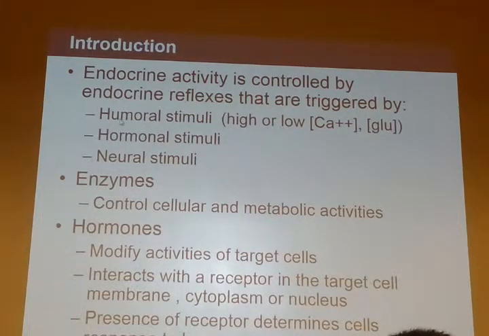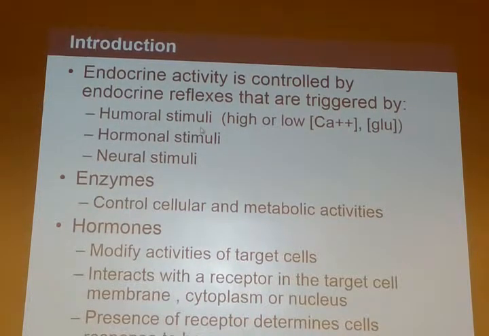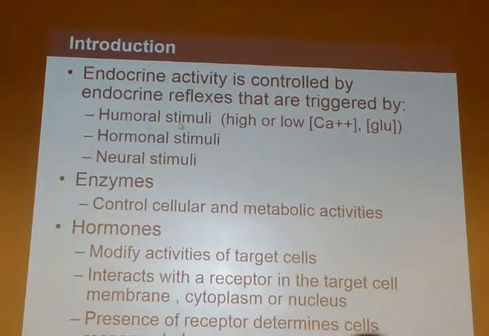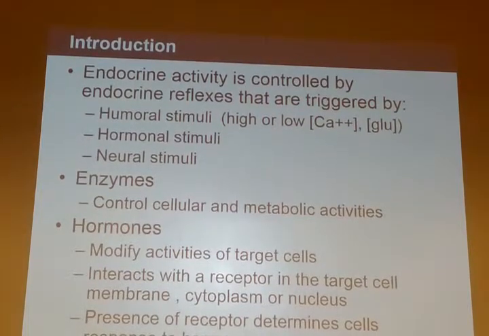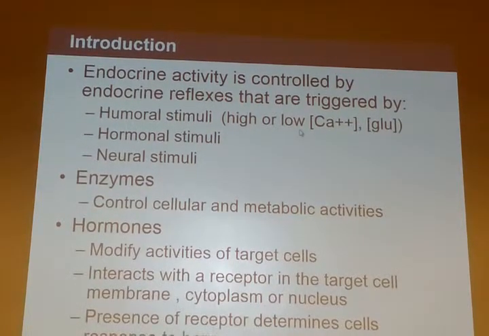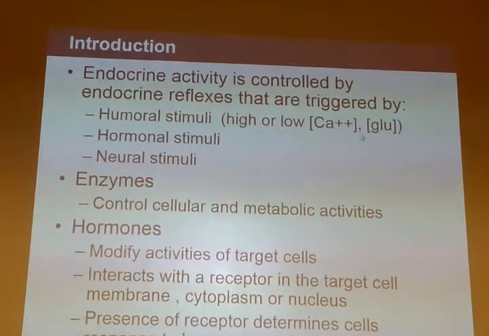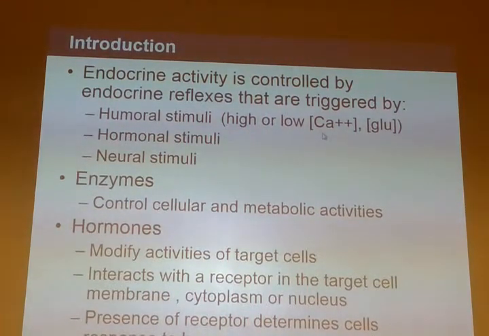The hormonal stimuli, so in the endocrine system, what triggers the release of hormone into the blood? It could be high or it could be low calcium. So the hormone parathyroid hormone responds to low calcium. Calcitonin is a hormone that responds to high calcium concentration.